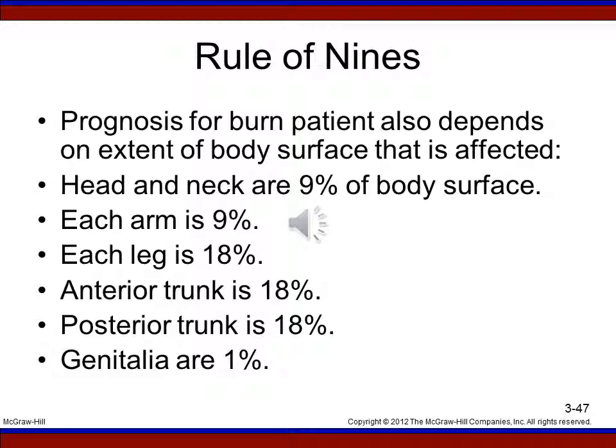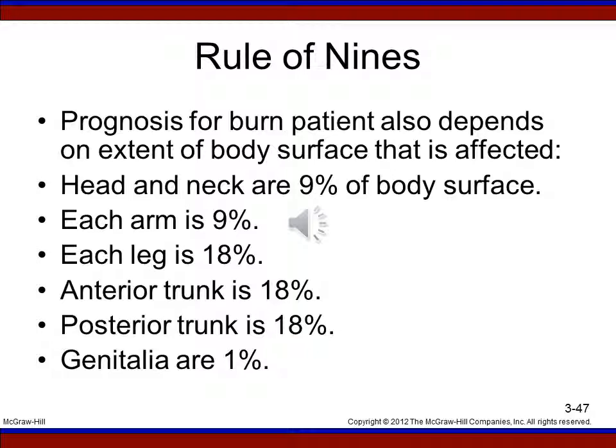Each arm itself is 9. Okay, but again, each arm has 4.5 in the front, 4.5 on the back. Each leg, 18%, 9% anteriorly, and 9% posteriorly. Okay.